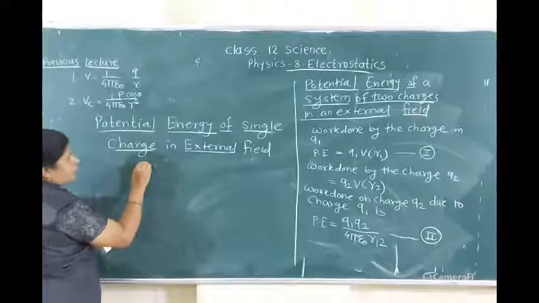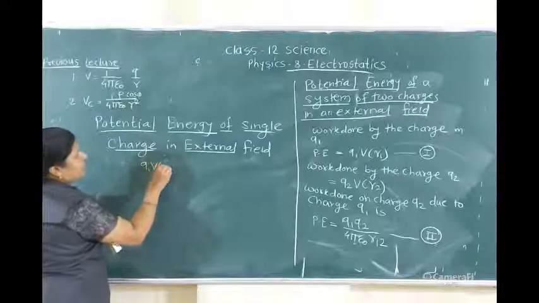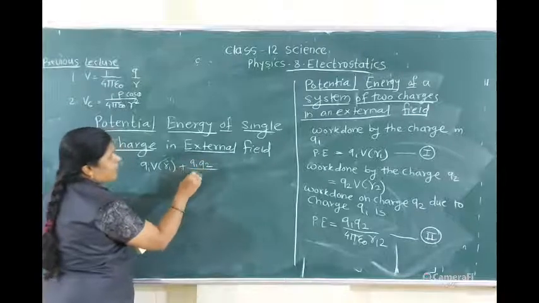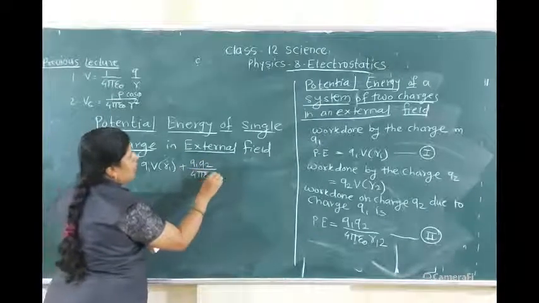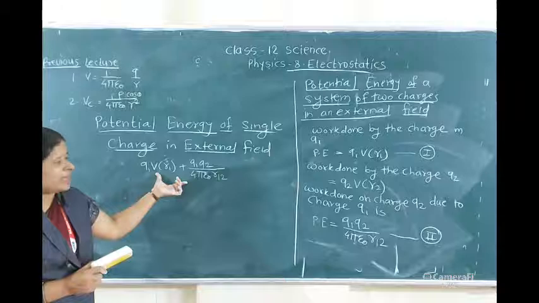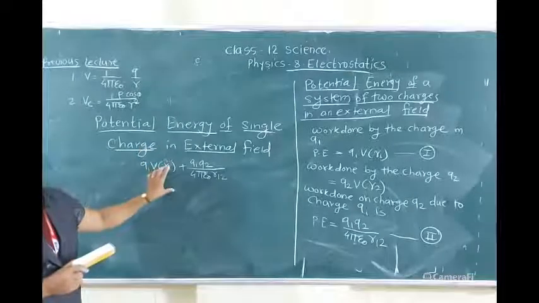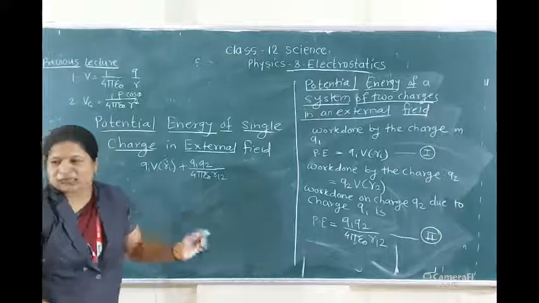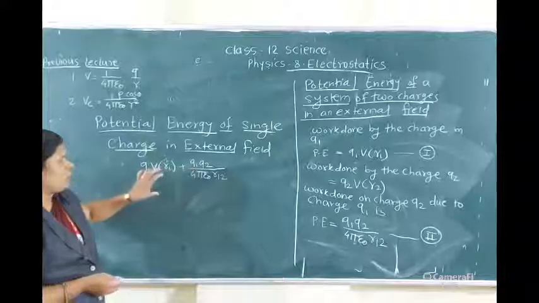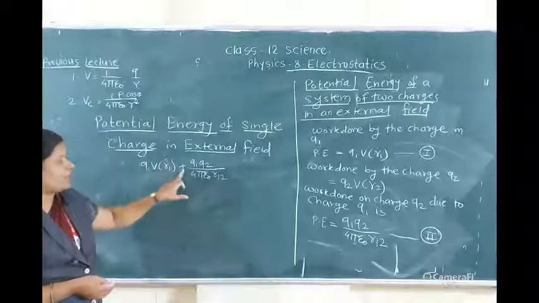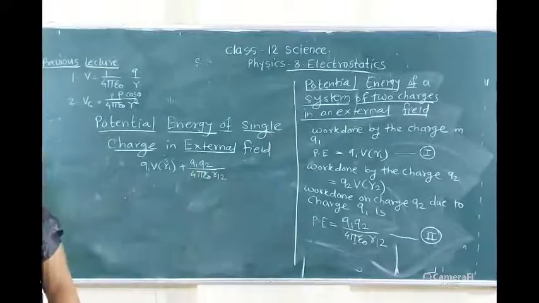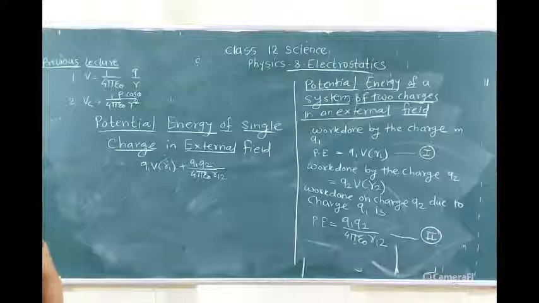This is the total work done or total potential energy of the two charges of the system, and by the principle of superposition we get Q1 phi R1 plus Q1 Q2 divided by 4 pi epsilon 0 R12 plus Q2 into phi R2.